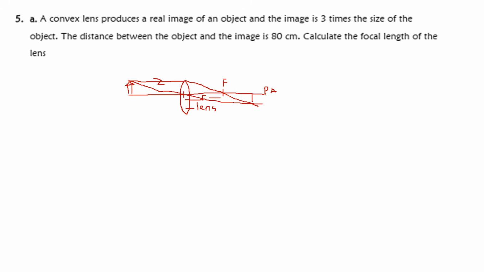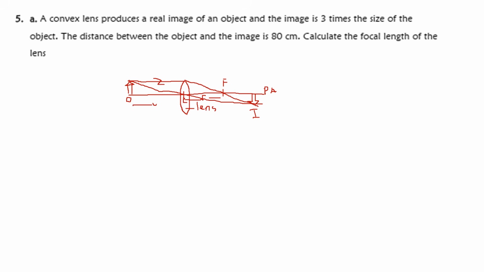The distance from the object, so this is our object, this one here is the image. The distance from the object to the center of the lens is the object distance, u, while the distance from the image to the center of the lens is the image distance, v.